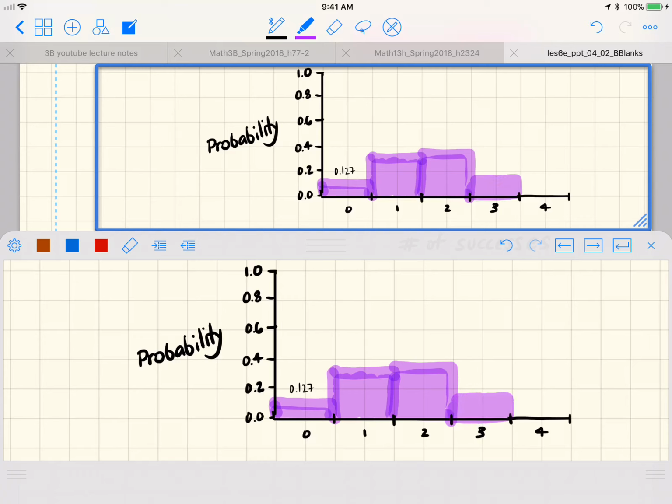And then the last one is like 2%. So this is like 0.34, 0.35, 0.16, and 0.0. I just rounded up to 3.